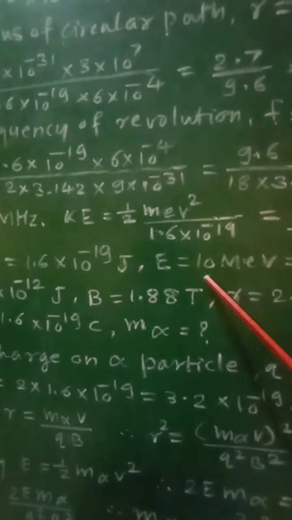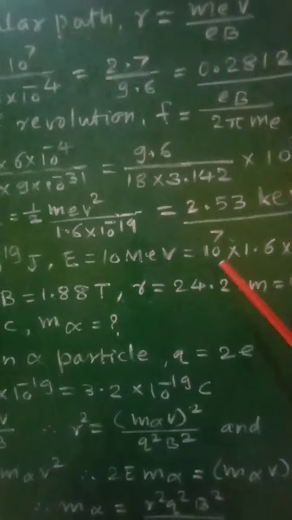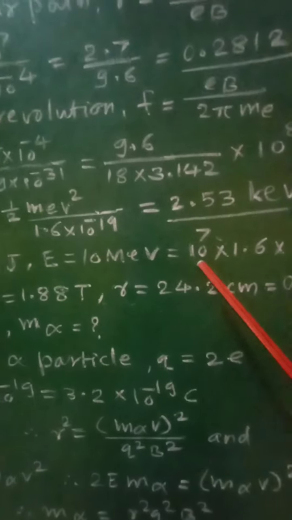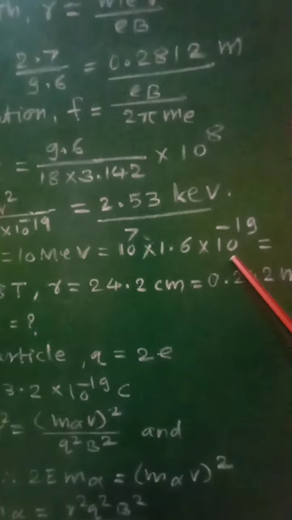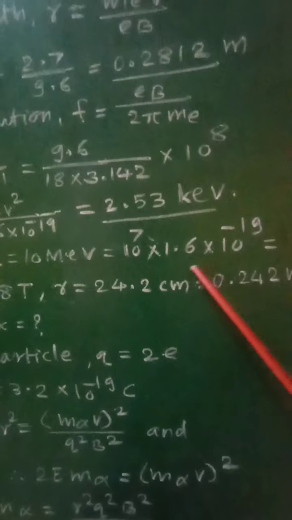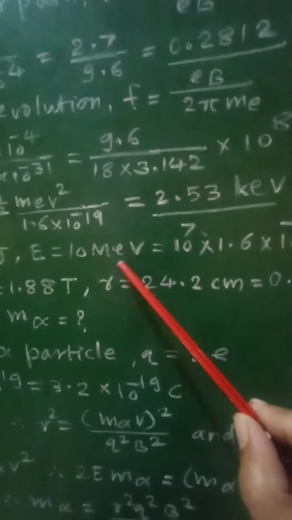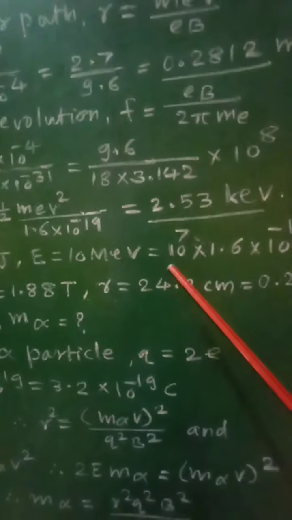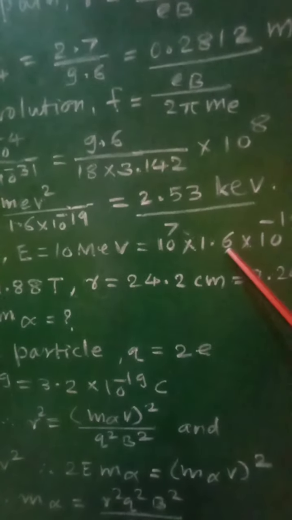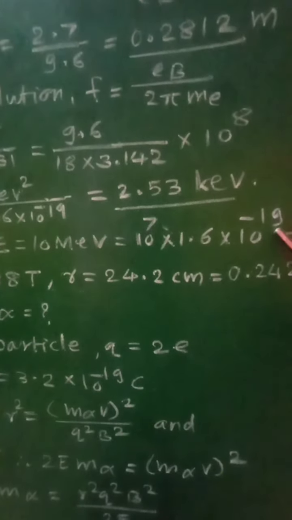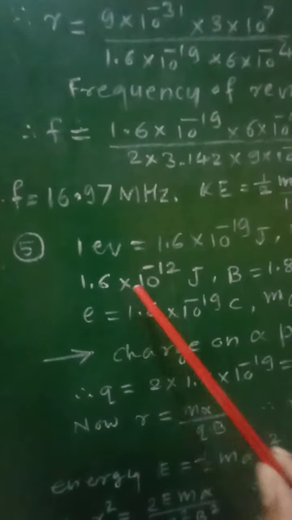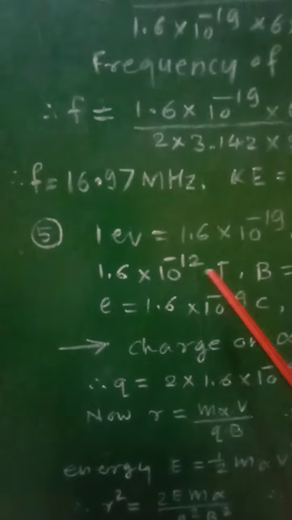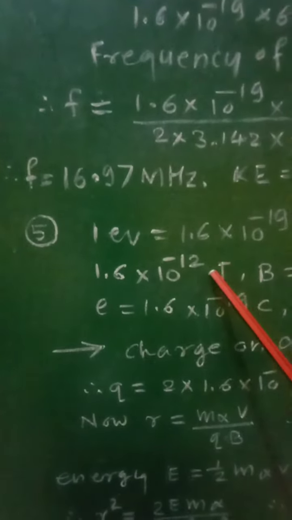Then energy E is equal to 10 mega electron volt, which will be equal to 10 raised to 7 into 1.6 into 10 raised to minus 19, converted into joule, which comes out to be 1.6 into 10 raised to minus 12 joule.